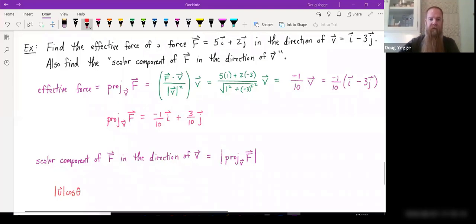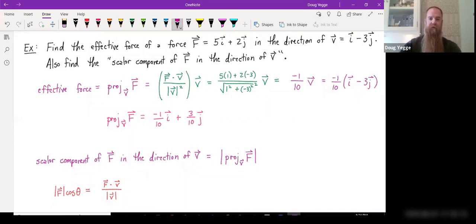So I prefer not to use that formula. So there was another formula that said that I could take the dot product of the two vectors. I should stop using u because there is no u here. So it would be the magnitude of f times cosine theta, but I don't know the angle between them, so that's a poor formula to use. So maybe I use the dot product of the two divided by the magnitude of v. That's not such a bad formula, especially considering I already got what the magnitude of v is. So why don't we use that one?